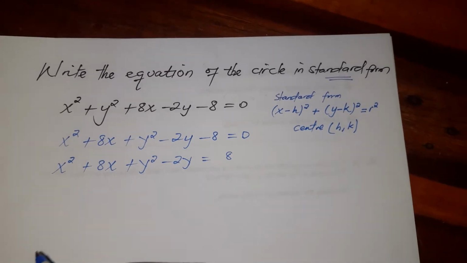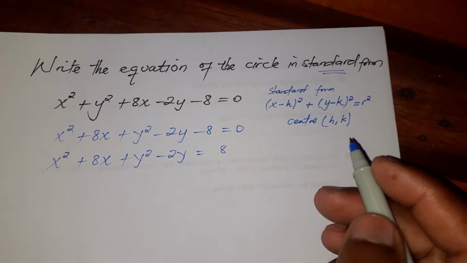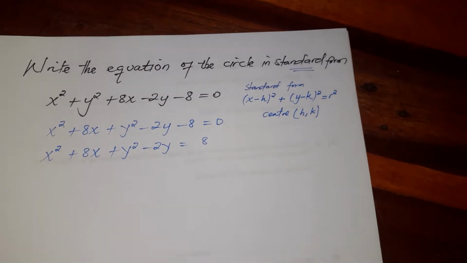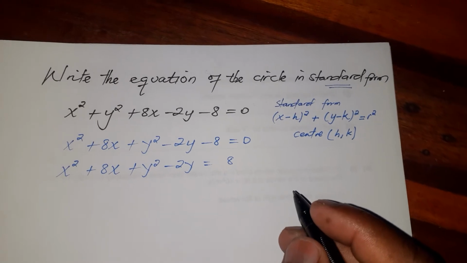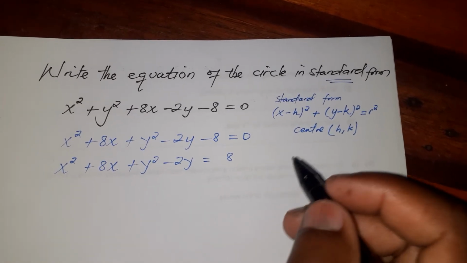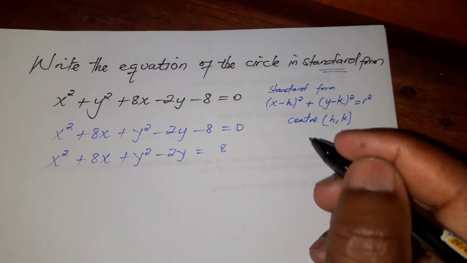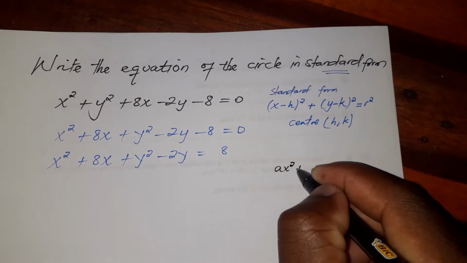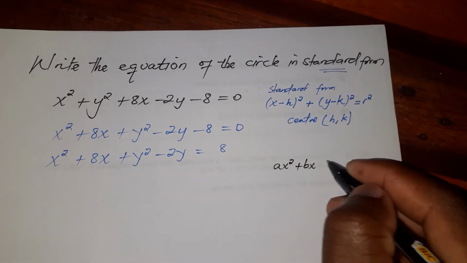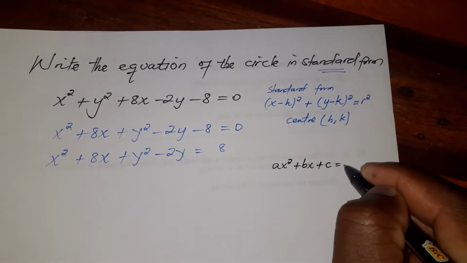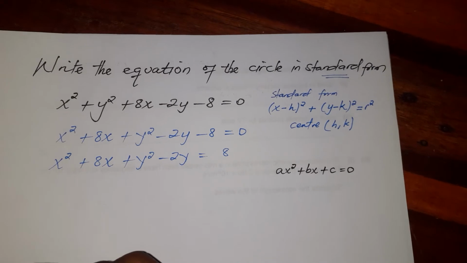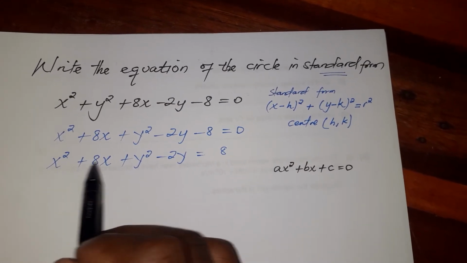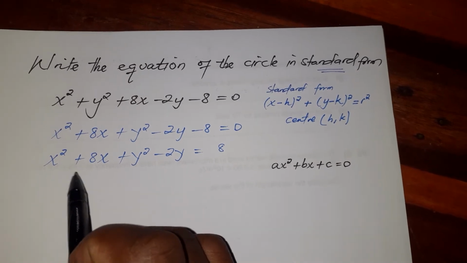Now we should recall the general equation of a quadratic. It's ax squared plus bx plus c equals 0. In order for us to complete the square, if you look at the terms where we have x, there are only 2.